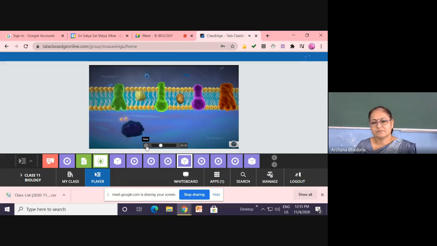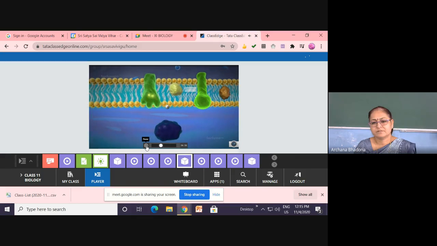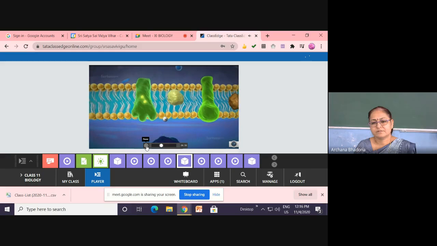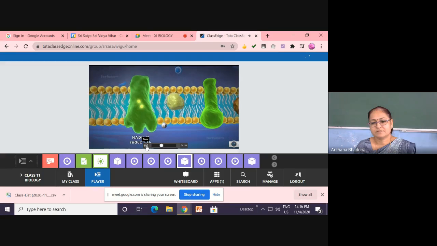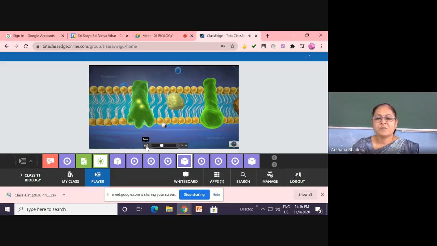NADH will donate 2 electrons and 1 proton in the form of hydrogen atom to the first electron carrier, NADHQ reductase. During the transfer, an electron will release energy, causing it to fall to a lower energy level.